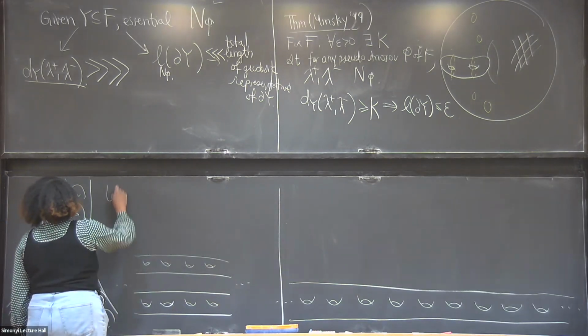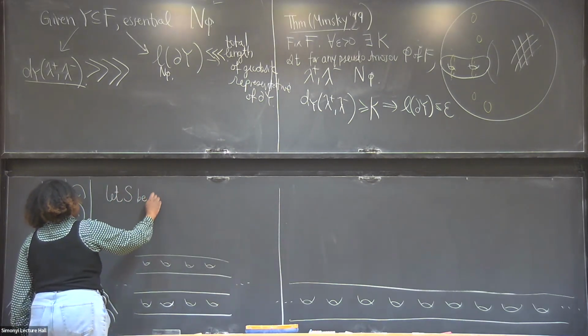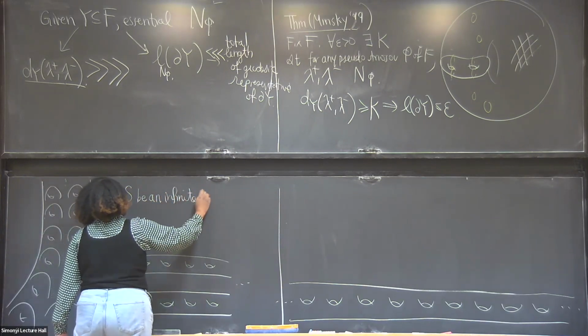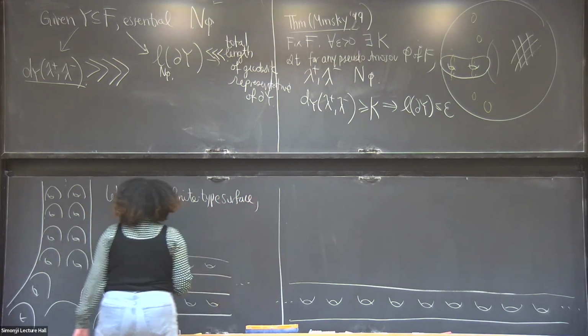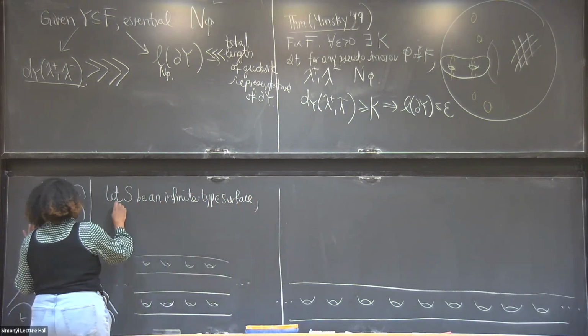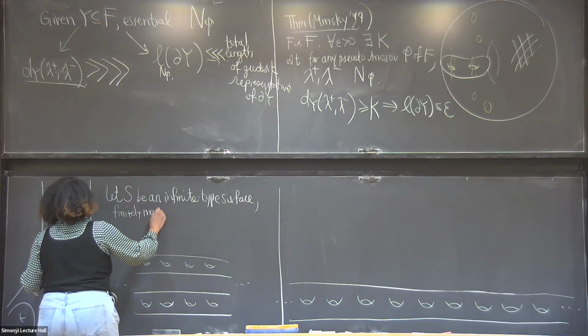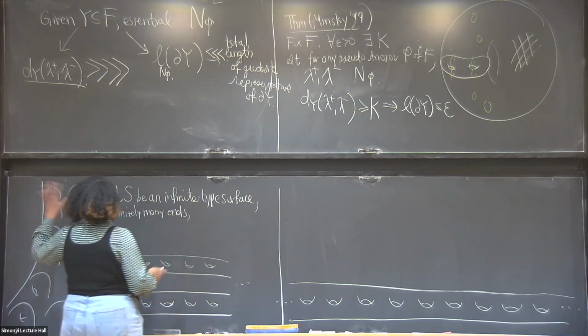So we're going to now look at infinite type surfaces. So let S be an infinite type surface. I'm going to restrict it so that it only has finitely many ends. And I'm also going to restrict and say I only want non-planar ends.